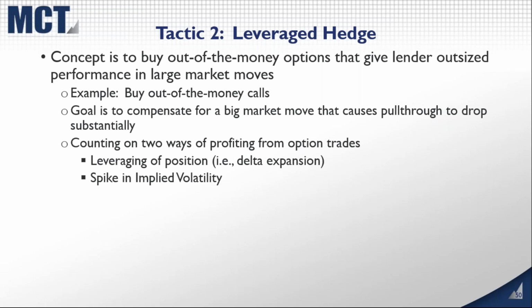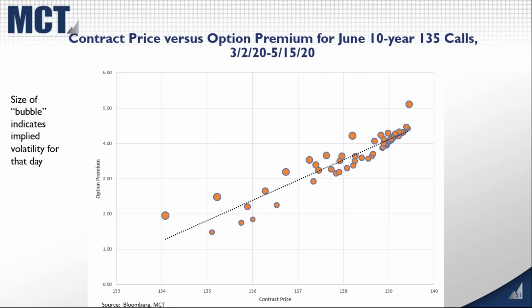There are two ways that you'd be profiting from those. One of them would be leveraging of the position, the delta expansion. The other is the spike in implied volatility. And this shows, interestingly, for the 135 June calls from March 2nd through May 15th, that while they move roughly in a straight line, this is a bubble chart where the bubbles actually represent the implied volatility of the option, which basically means that the time value is expanded.